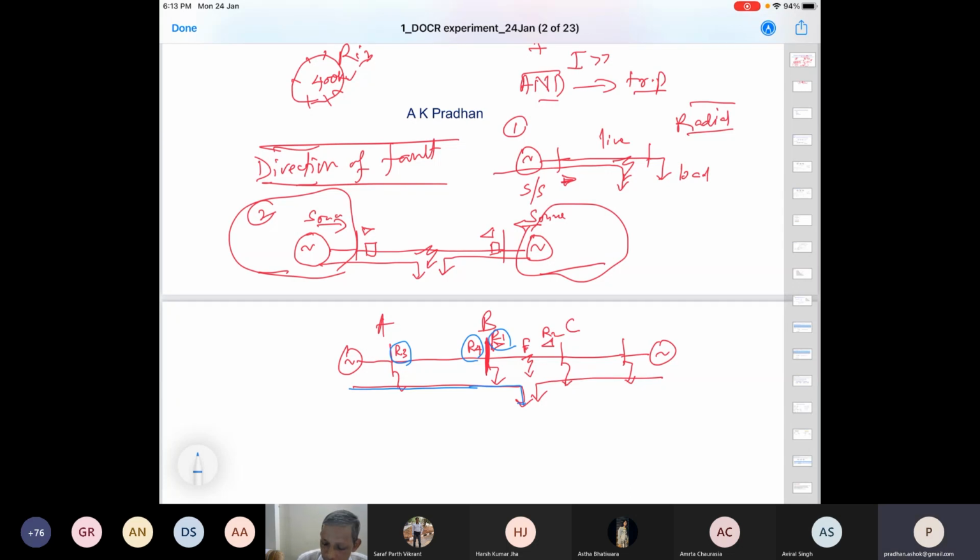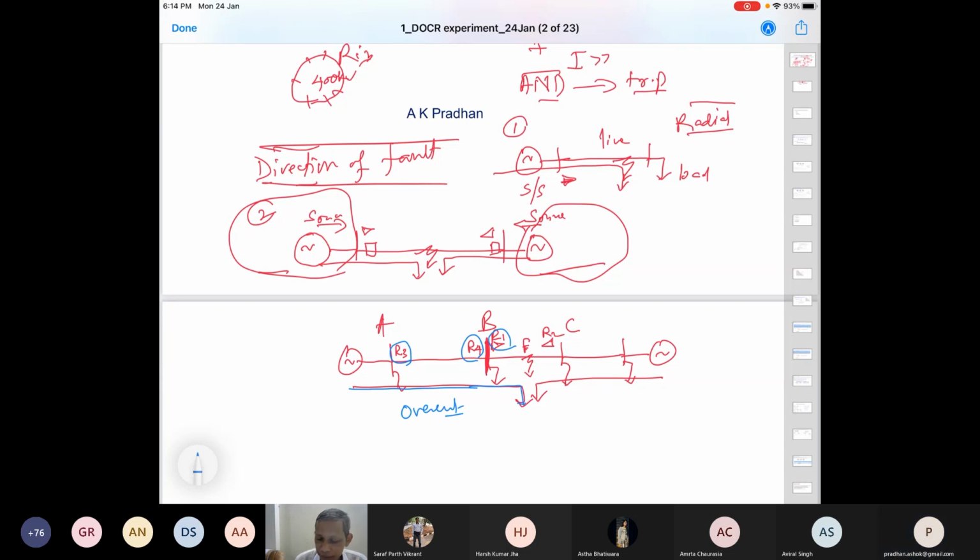So if we think about an overcurrent principle, then all will be observing the same amount of current. And because this is a transmission system, the CTs will be of a similar order, and therefore all three relays will operate as they wish.